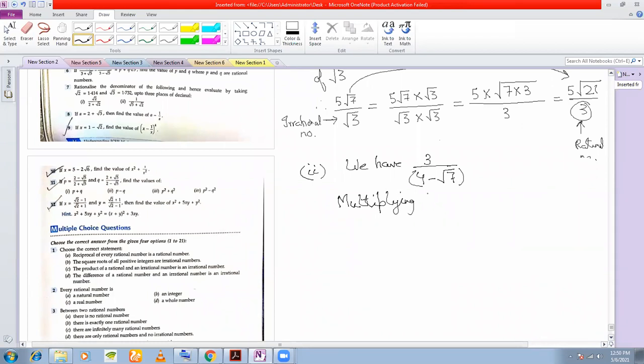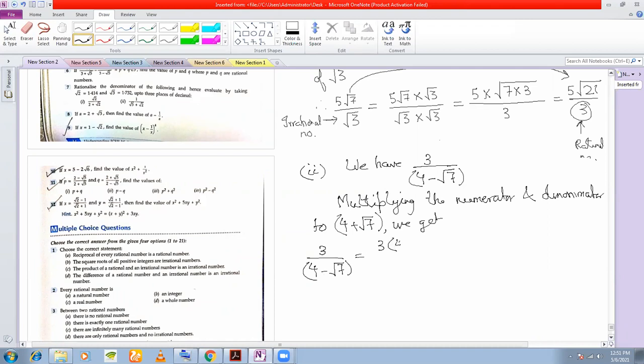Multiplying the numerator and denominator by 4 plus root 7, we get 3 divided by 4 minus root 7 is equal to 3 into 4 plus root 7 over 4 plus root 7 into 4 minus root 7.